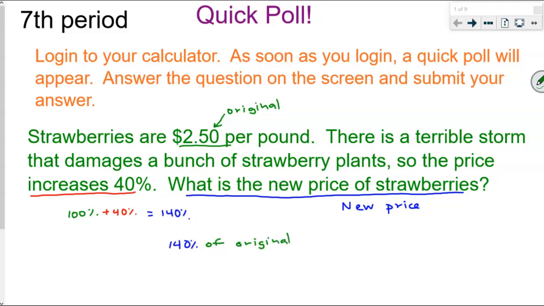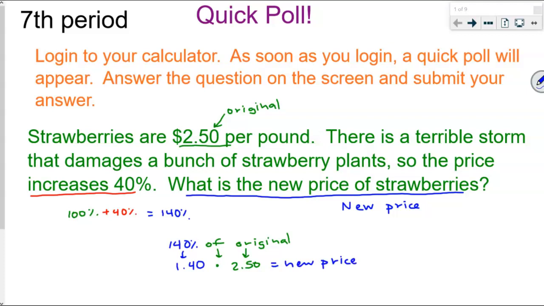And so I type into my calculator exactly this. 140% as a decimal is 1.4. Or if you want, 1.40. Of means multiply. And the original amount is $2.50. That's what I should have typed into my calculator. When I do that, it gives me the new amount.